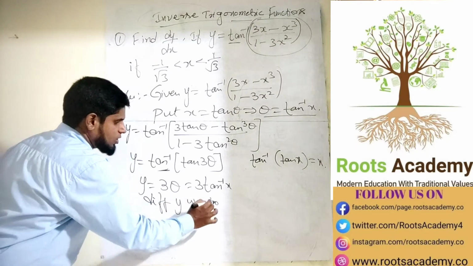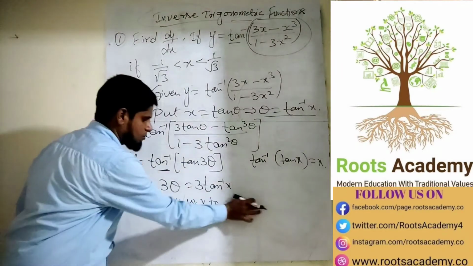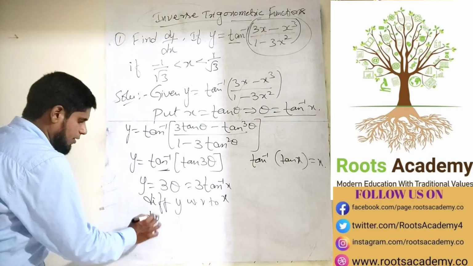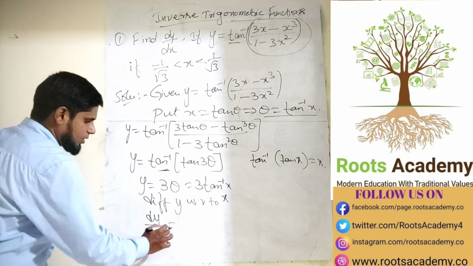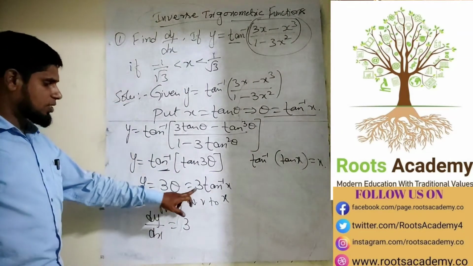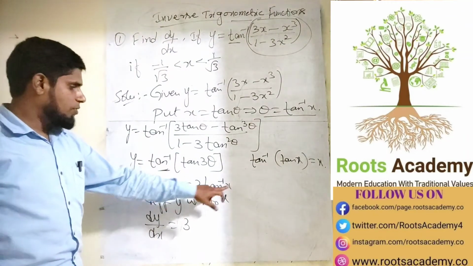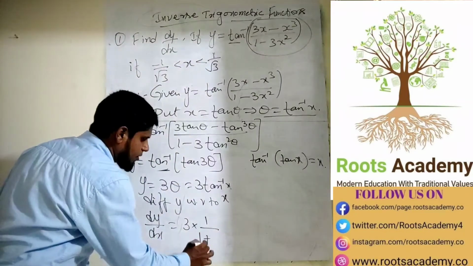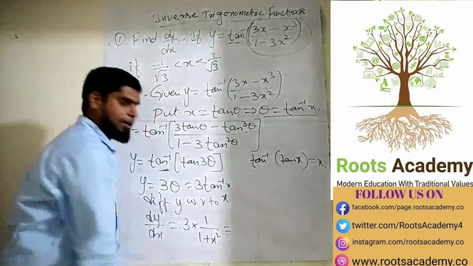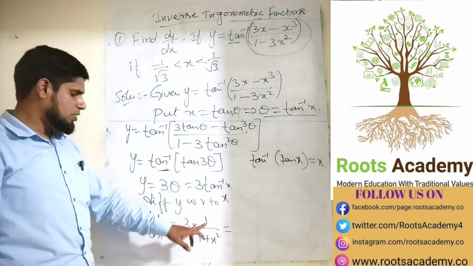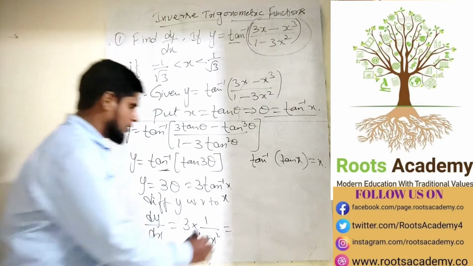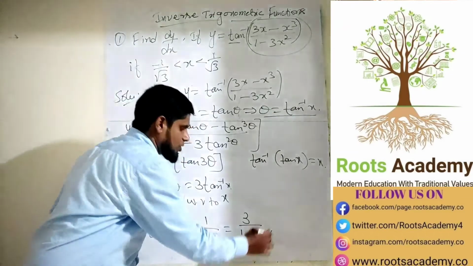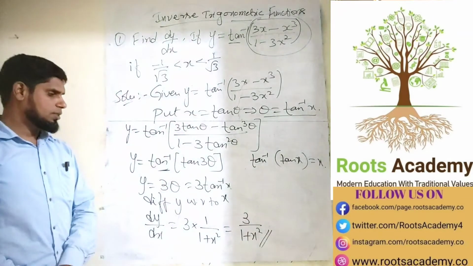Differentiate y with respect to x. What is the derivative of y? dy by dx equals, this 3 is a coefficient as it is, times the derivative of tan inverse x, which is 1 divided by 1 plus x square. Finally, we can write this as 3 divided by 1 plus x square. This is the final answer.